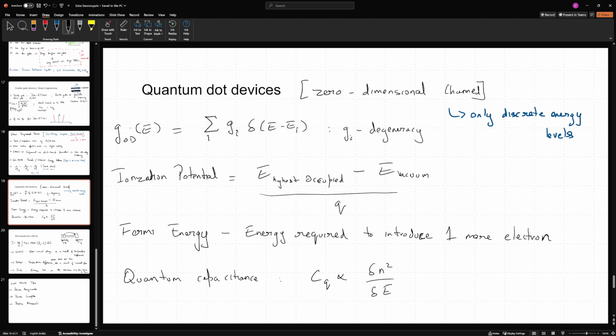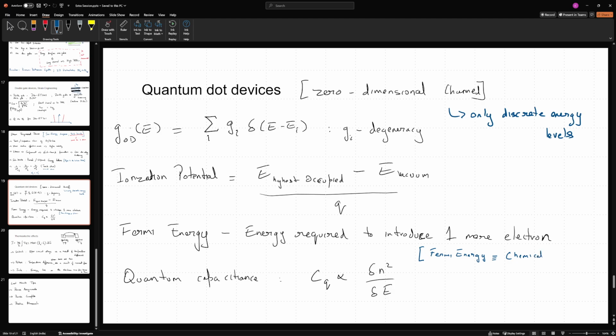The Fermi energy, now this is true for most nanoscale systems that we look at, is the energy required to introduce one more electron into the system. This is something I've discussed during the sessions. This is what is known as the chemical potential. So Fermi energy is equivalent to the chemical potential.